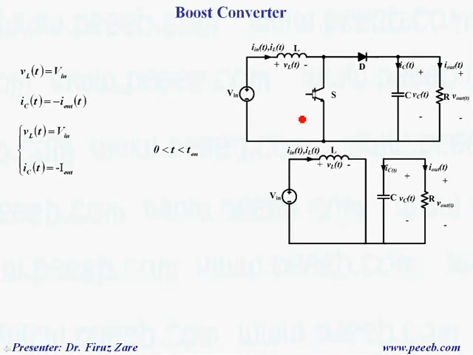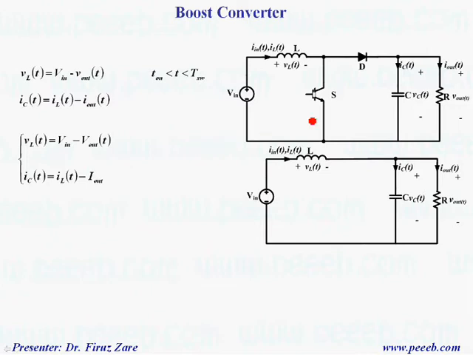When the switch is on, this is the circuit diagram. The voltage across the inductor equals the input voltage, so we can write the equation. And here we can see that the current through the capacitor is almost minus the load current. Suppose the ripple is not significant, so we can rewrite the equation as shown here.